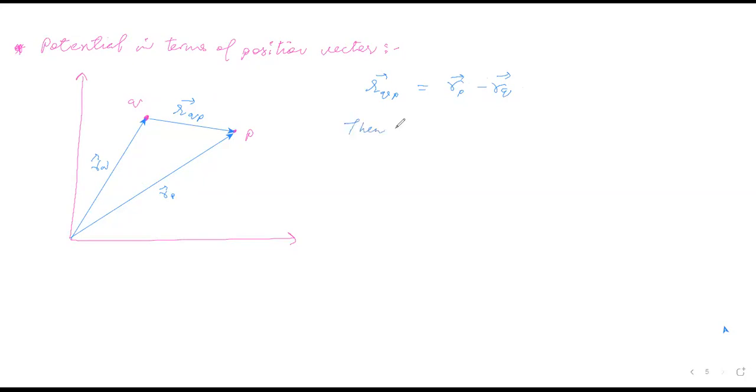Then what is your V? V will be 1 over 4 pi epsilon naught Q over R of QP.